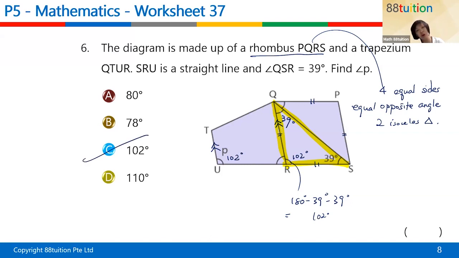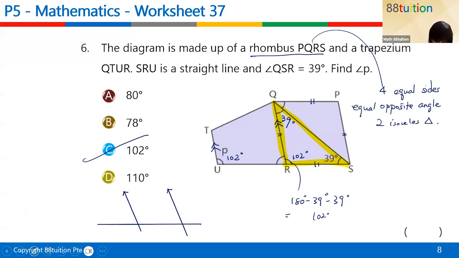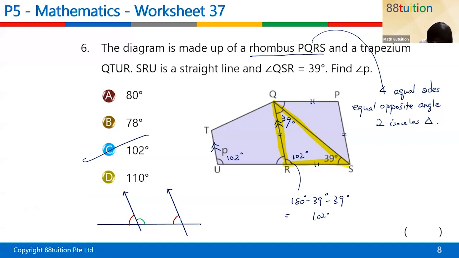Why is it so? Because they have corresponding angles. If you look at shortcut, let me explain this. Okay, now what happens if you have this and this parallel line? Then you can see that this angle is corresponding to this one. This one must be equal to this one, right? Okay, so then the green angle, this one must be equal to this one.